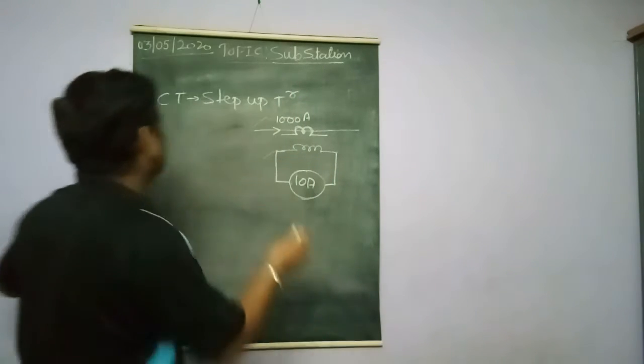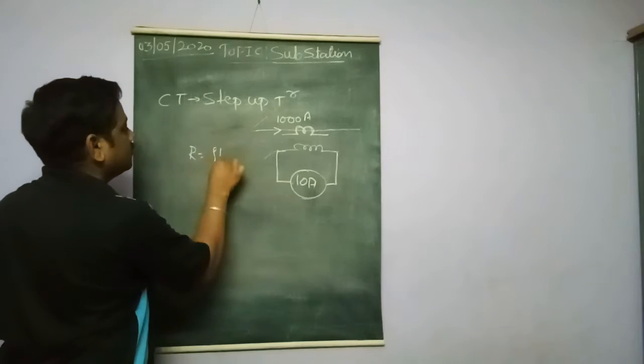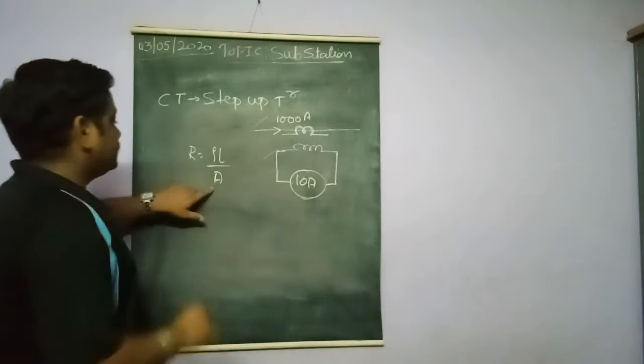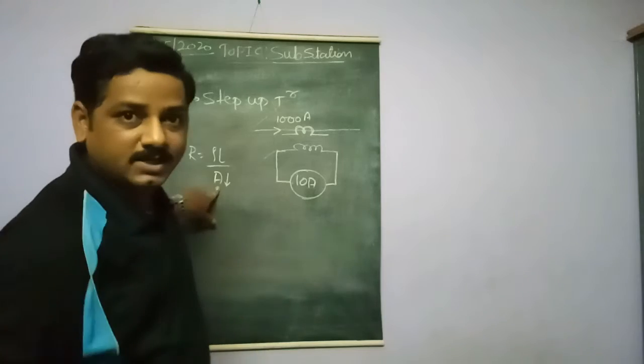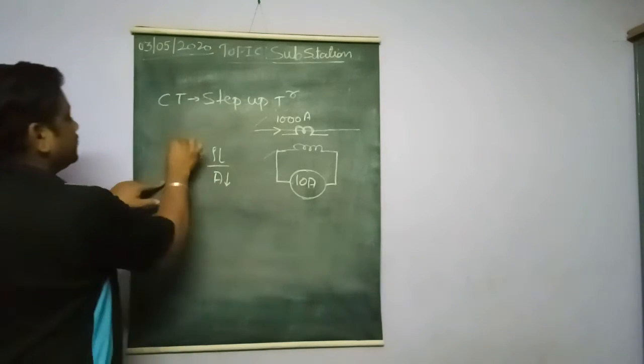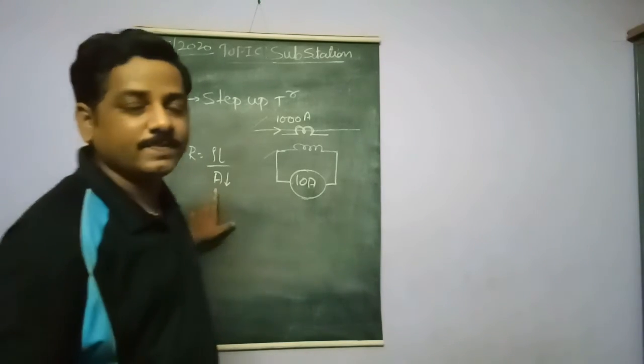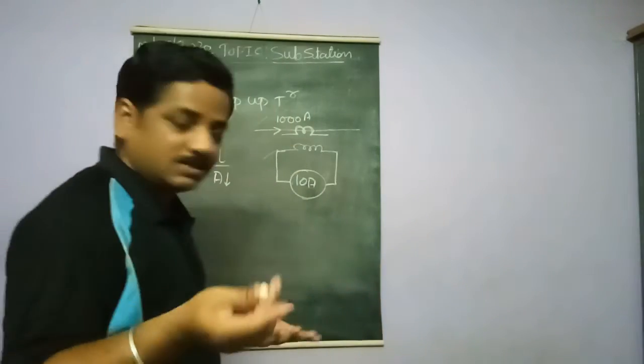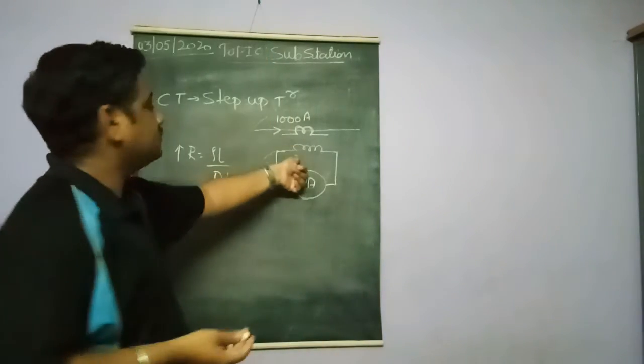Thin wire in the sense, you recall this relation now. You know that R is equal to rho L by A, where if I reduce the area of a conductor, then resistance will increase. So if I reduce the thickness, the area of the conductor, that's why I told you we should use thin wire.